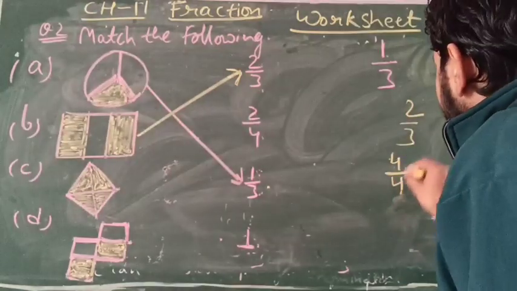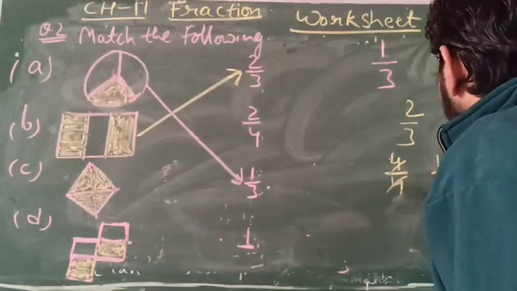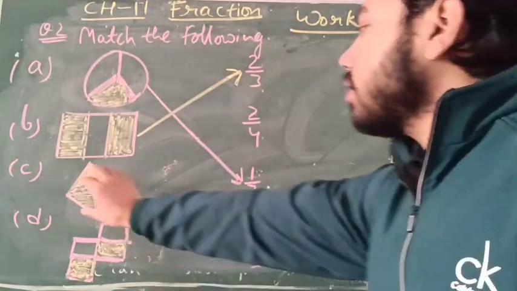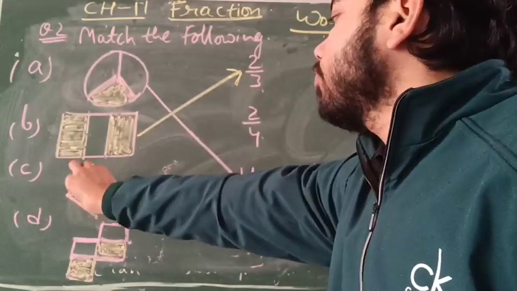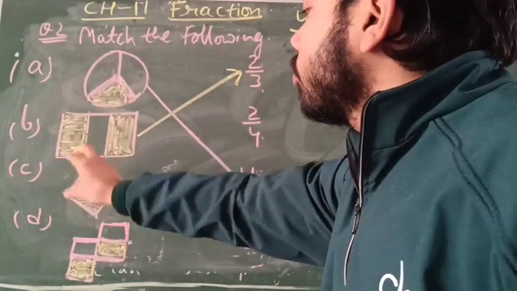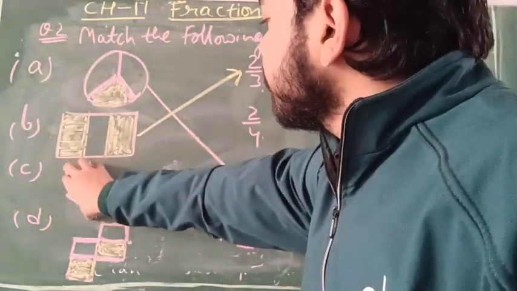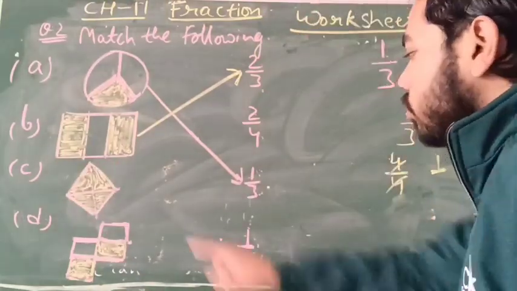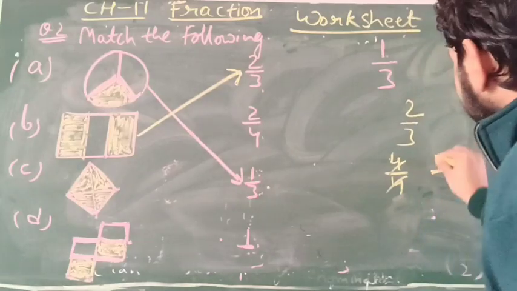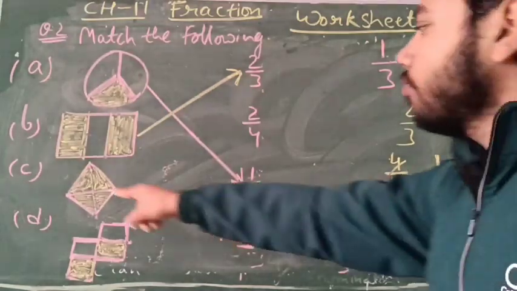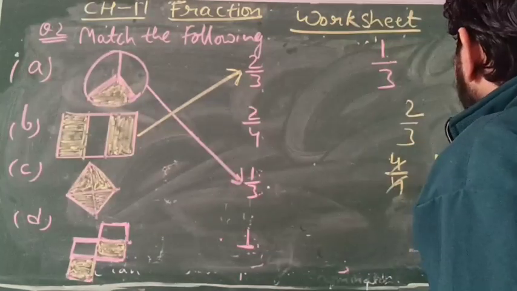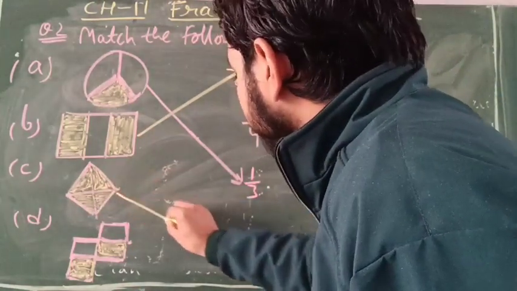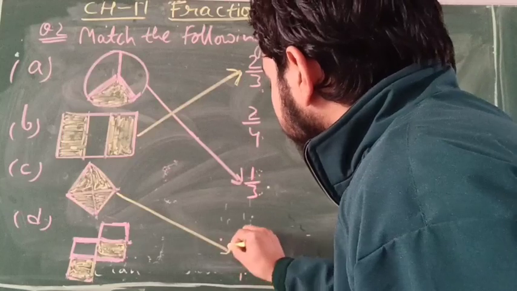So 4 by 4 means 1. If the object is divided into 4 equal parts and you get all 4 parts, that is a whole. So the answer will be 1, and we will match with this 1.